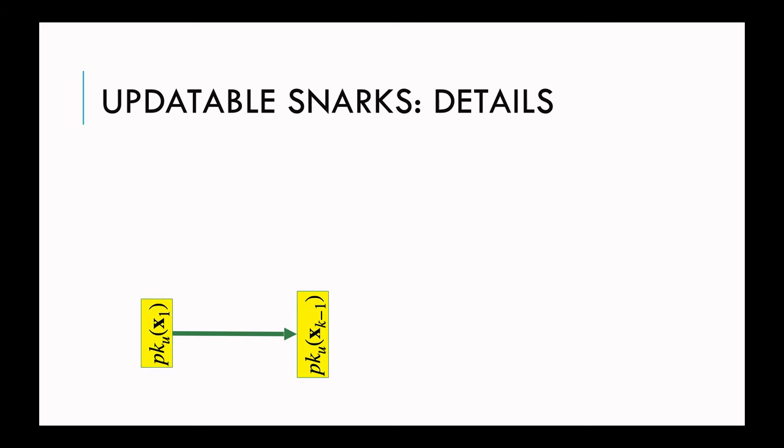And then you have a universal public key after k-1 updates. This is given to the specializer who computes the corresponding specialized public key that corresponds to the concrete circuit. And then this public key is used to generate an argument about this concrete circuit by using the current version of the trapdoors.